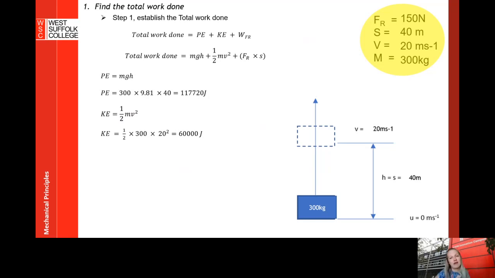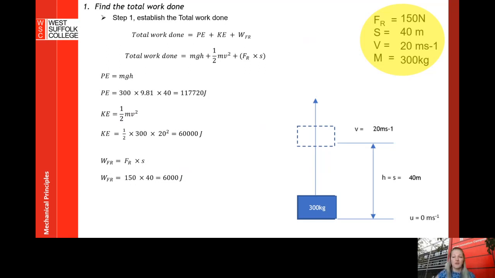The last section now is all that we need for our total work done, which is our frictional resistance. Now the question gives us our frictional resistance, yet we need to remember that this is happening over a particular distance. So we need to also times it by that distance because we are considering it. So we are simply doing our frictional resistance of 150 times our distance of 40 meters, which will give us 6,000 joules.